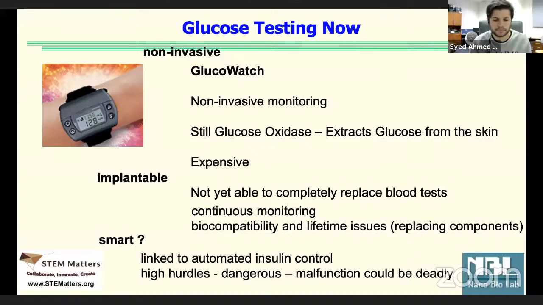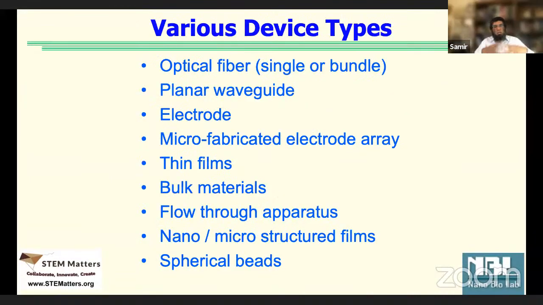So, okay, that's an example of glucose. Now, what are all the different types of sensors out there? What kind of things do we do? We have seen electrodes, where we use nanowires or carbon nanotubes. But now you have to think broader. There are not just wire type, there are thin films.